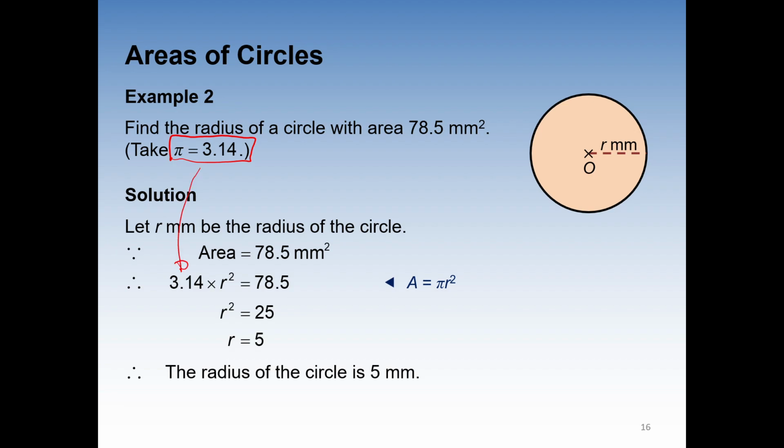So let's put the 3.14 here. And then remember, we have to find out the value of r. We need to take the square root on both sides, so that the square root and the square will be cancelled out. And then the square root of 25 on the right hand side will be 5. So the radius of the circle is 5 mm.